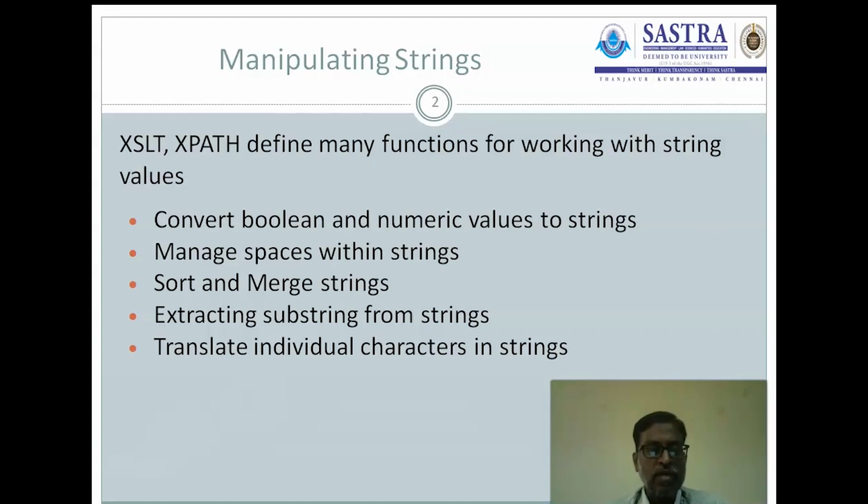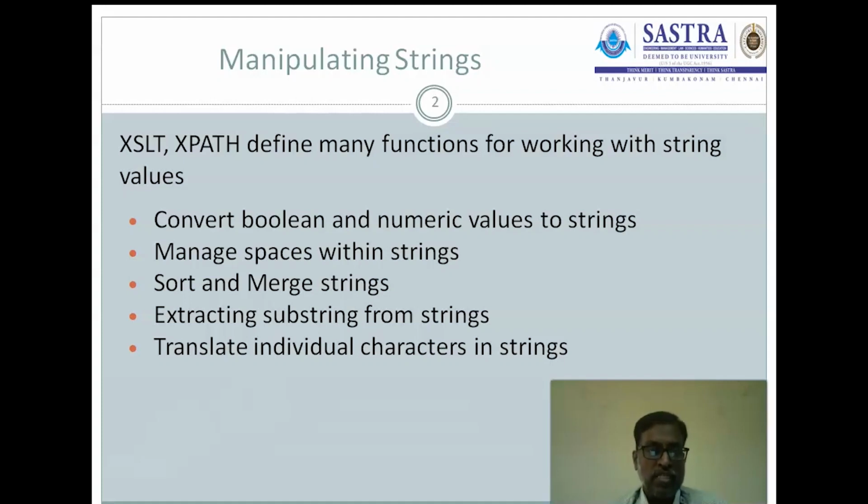Such invalid results you may get because of that additional space. When we are searching the content, the first data should exactly match the second data. The content is the same, but because of the additional space in the beginning and the end, the match is not found. So to avoid these kinds of problems in string comparison, XSLT defines a lot of string functions for handling spaces.